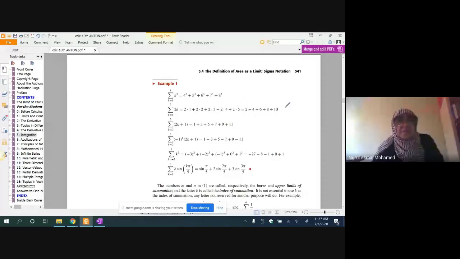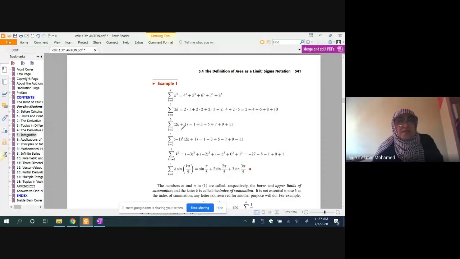For this one, 2k plus 1, k starts from 0. When k is 0, multiplied with 2, it gives you 1. When k is 1, it gives you 2 plus 1, which is 3. When k is equal to 2, it will give you 4 plus 1, which is 5.